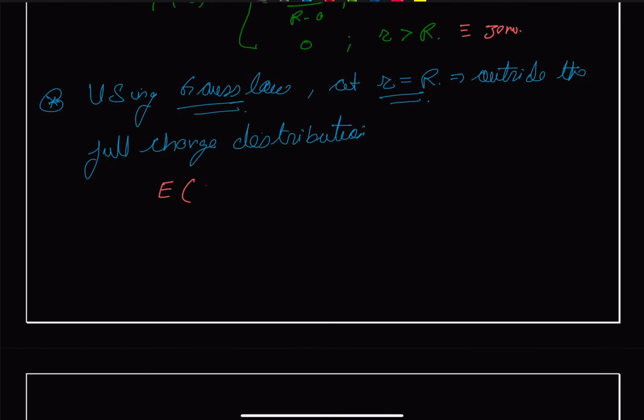The electric field at a distance r will be equal to 1 upon 4 pi epsilon naught times the charge enclosed, divided by r square. So here the electric field at the surface depends only on the total charge enclosed in the sphere of radius r.